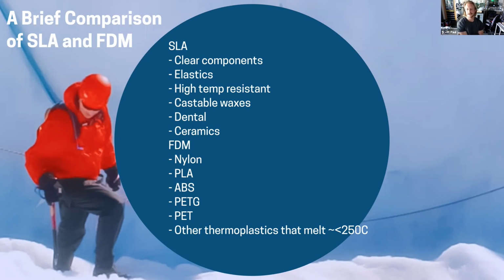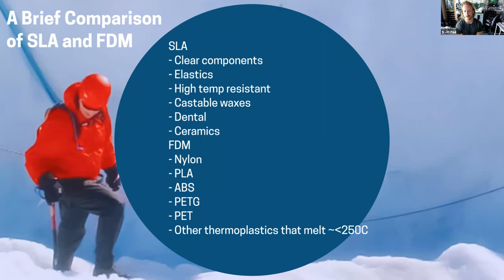Yeah. So here's a list. It's certainly not exhaustive, but here I'm highlighting SLA. You have a much broader range of what you can print with. You can print elastics and high temperature resistant materials, which you can't do with FDM.